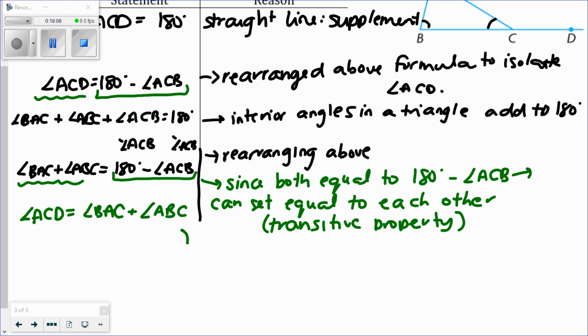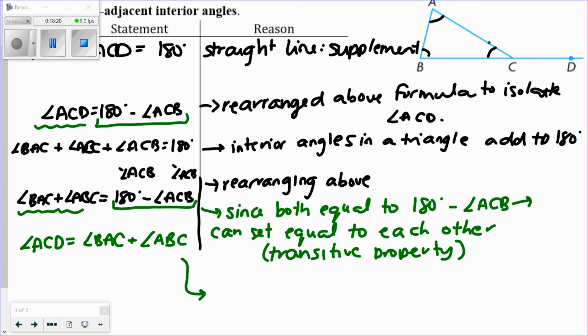Sorry, I'm running out of room here. You're probably running out of room on your sheet as well. But what we have proven is that angle ACD, that's this exterior angle, is equal to the sum of BAC, right here, and ABC.